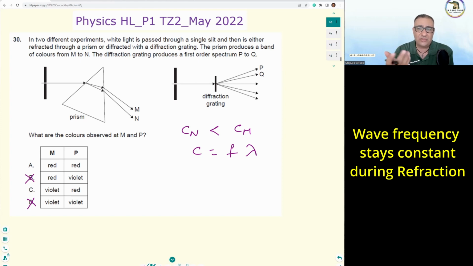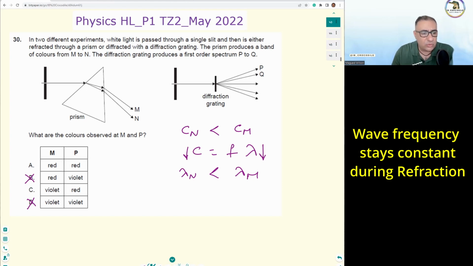So if the speed is decreased in the second medium and the frequency is the same, lambda also has to decrease. So from these facts about refraction, we can say that lambda N has to be smaller than lambda M, where lambda is the wavelength, right?